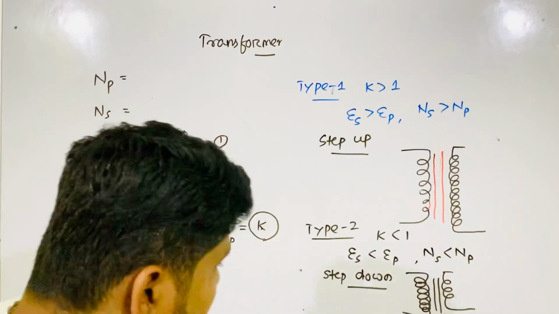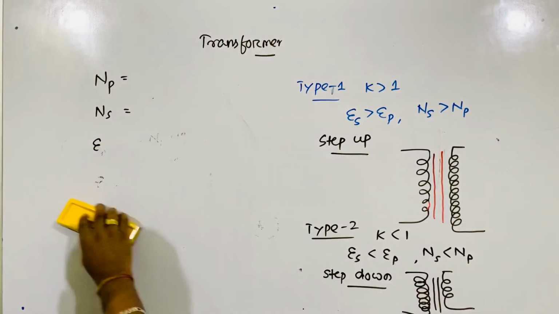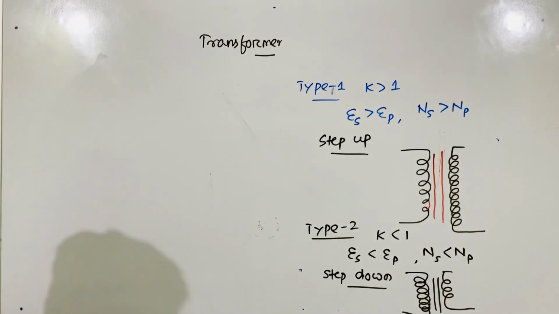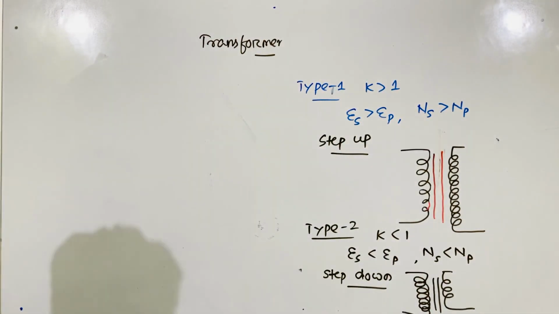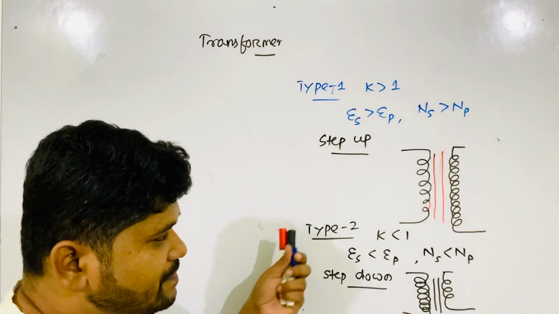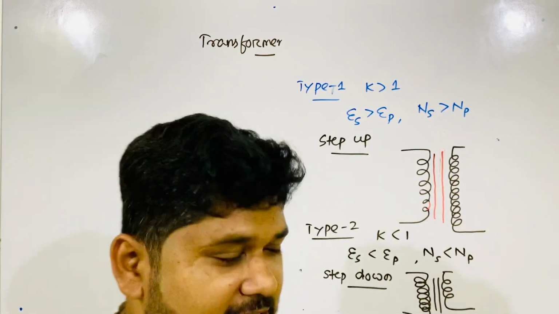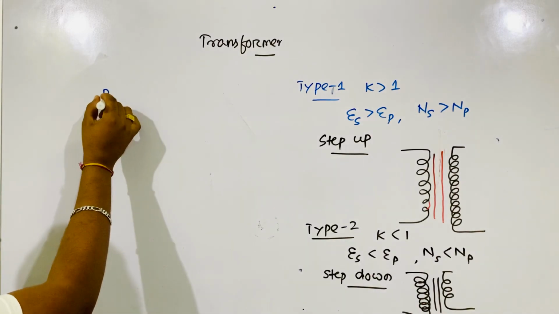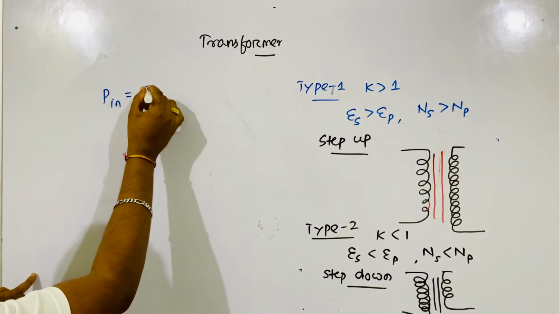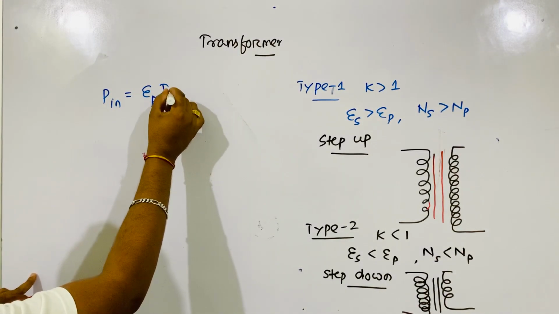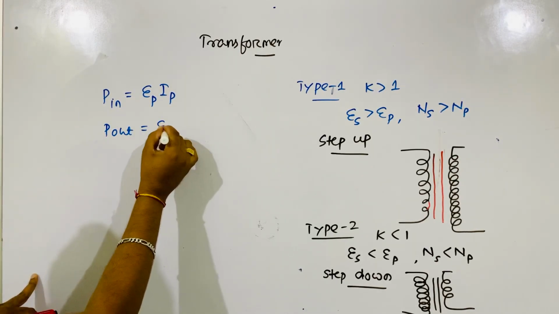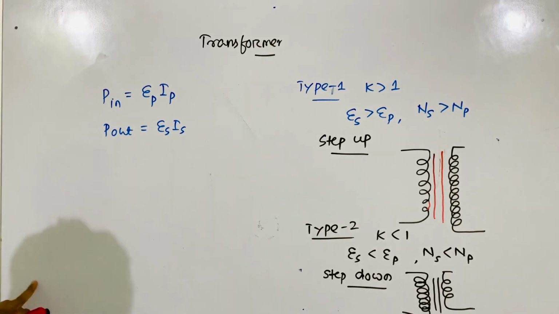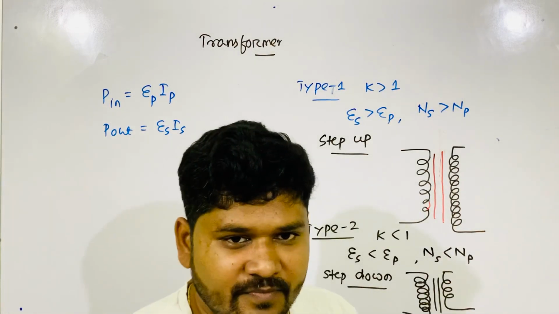Okay, so this is the transformer ratio and the different types of transformer. Now let's discuss how much power we give and how much power we get. Input power we give through the primary is EPIP, and output power we get through the secondary is ESIS.